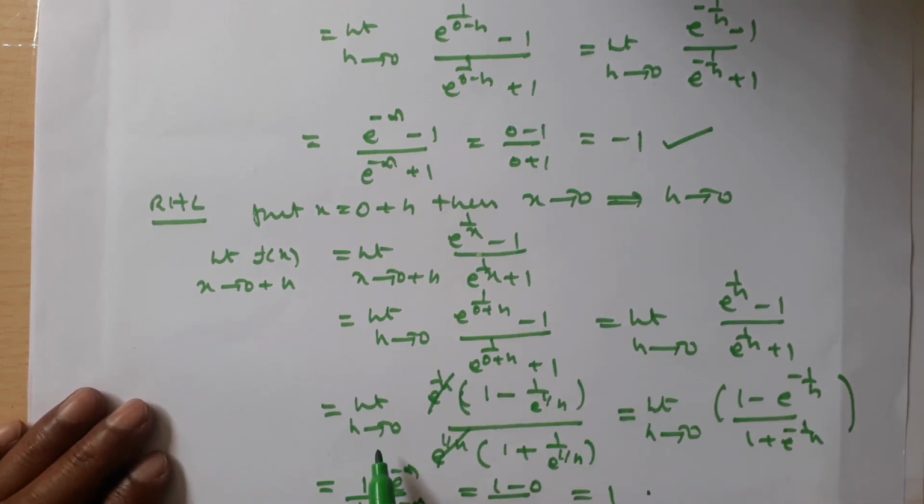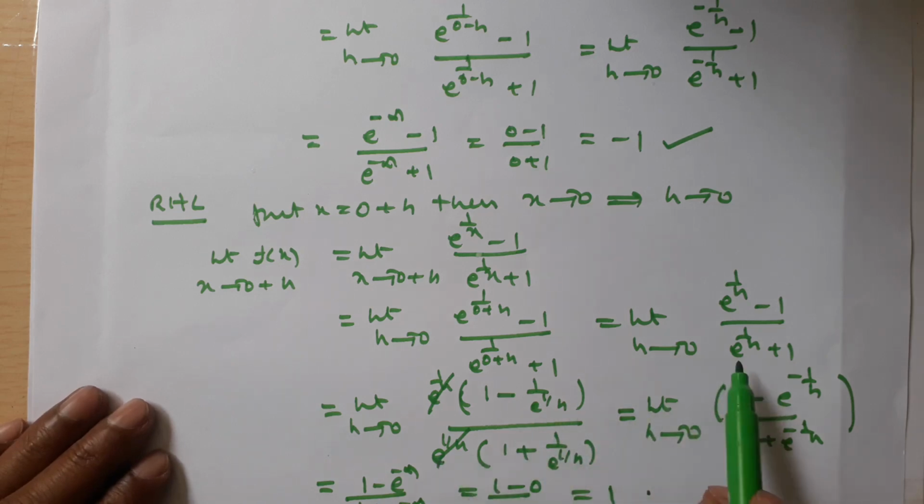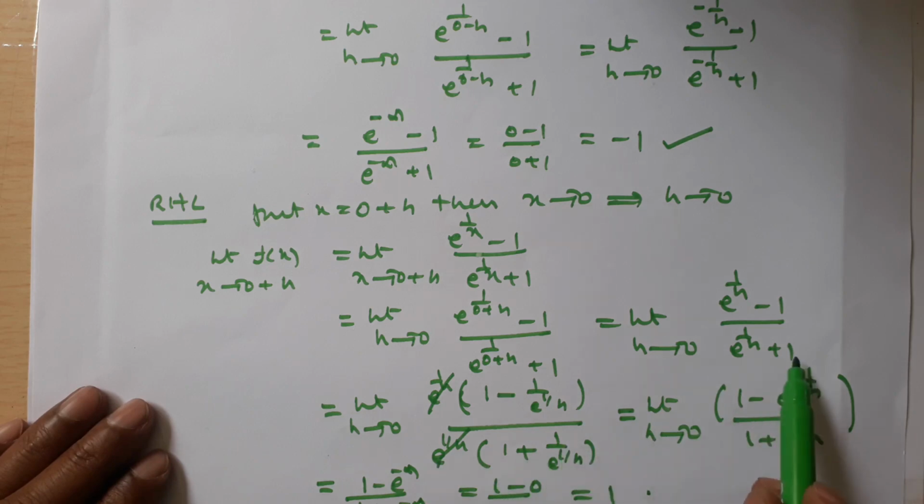Now e power 1 by h is common in the numerator, e power 1 by h into (1 minus 1 by e power 1 by h), divided by, again e power 1 by h is common in the denominator, e power 1 by h into (1 plus 1 by e power 1 by h).